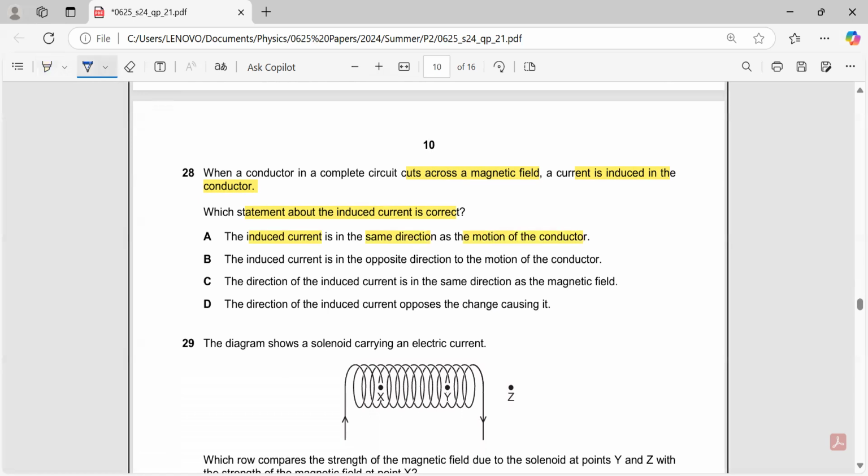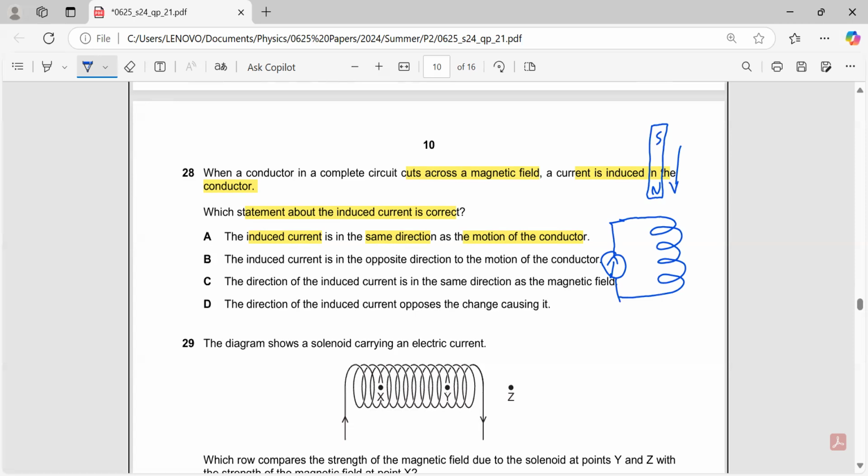For this, let's draw one diagram. This is a conductor. Here I will attach an ammeter, or you can attach any multimeter. Here we have a magnet which is moving inside and outside, because we need the cutting of field lines.